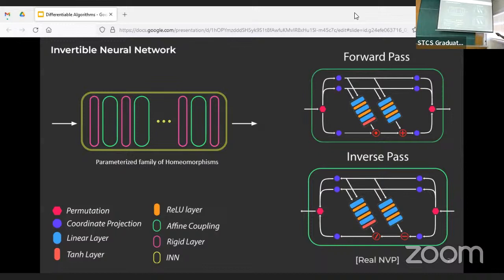So in this construction, let's say you learn a function here and you learn another function here. Given x, y, z, the z value is modified according to these two functions. And once the x, y, z is modified, you can recover the original one. So there are stacks of this.